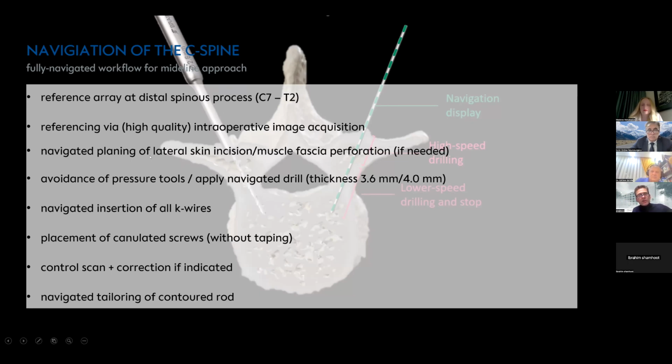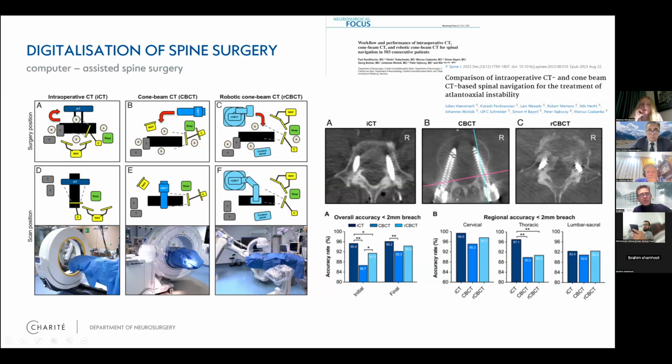Then we are deciding whether we have to have additional skin incisions to place the screws following the trajectory of the pedicles. But usually you have big openings, so you will get away without additional incisions. We avoid pressure tools. We have a navigated drill cannula. Then we place the K-wires, and then we place the screws.